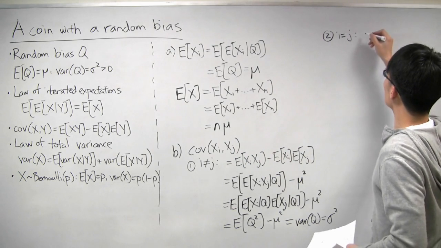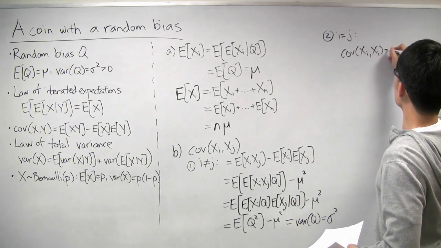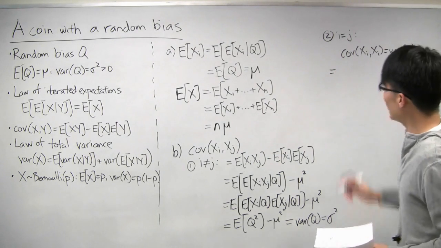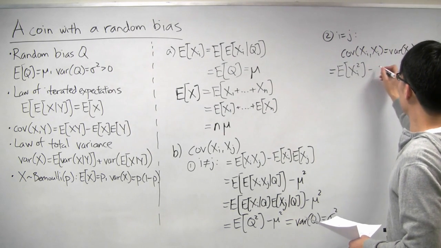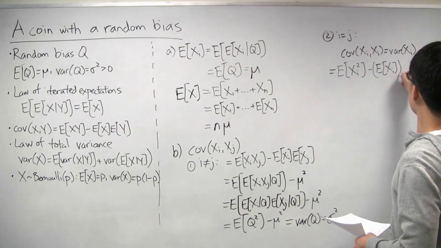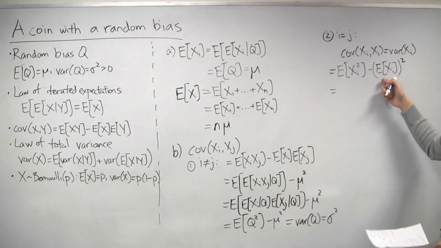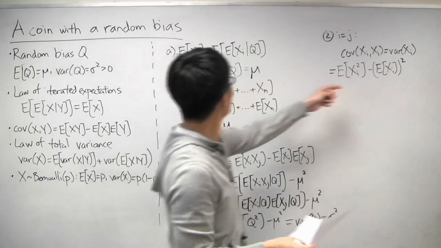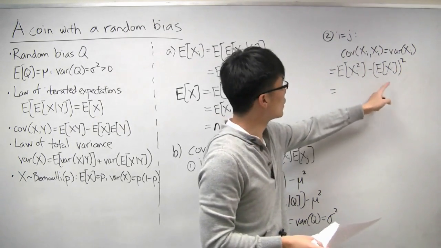And that is just the expectation of xi squared minus the expectation of xi quantity squared. Again, we know what the second term is. Expectation of xi, we know from part A, is just mu. So the second term is just mu squared.